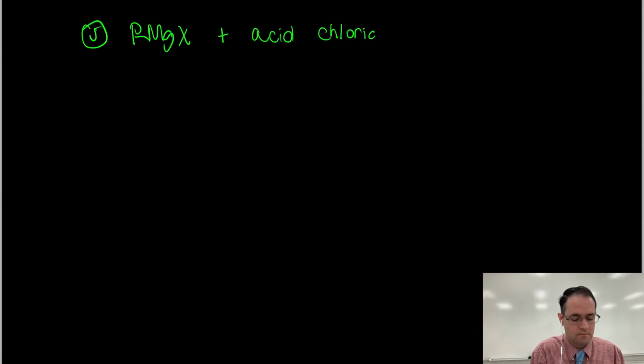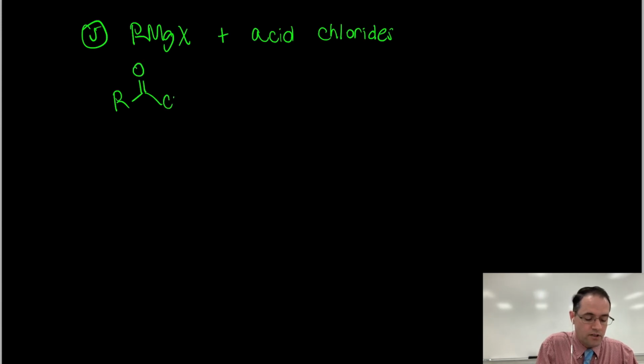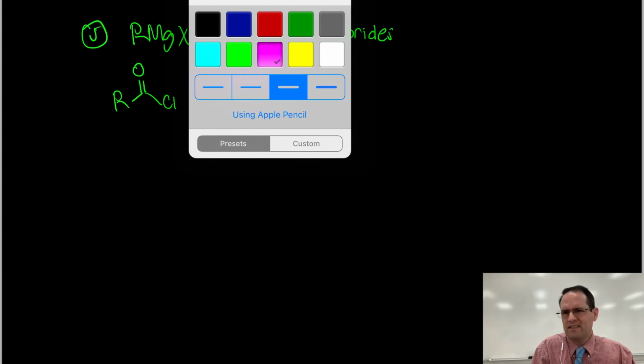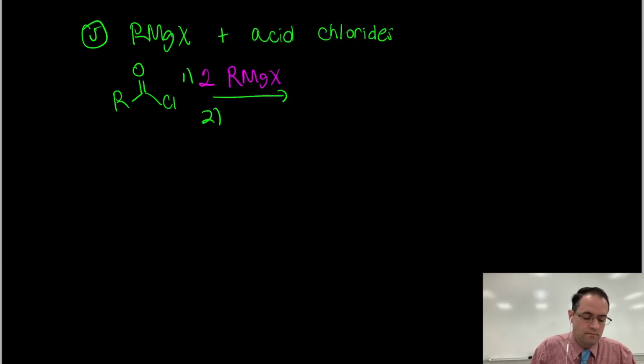Grignards also react with acid chlorides. Let me show you what the form looks like. If we have an acid chloride like this, and then we add 2 equivalents of RMgX, or excess, that's step 1.